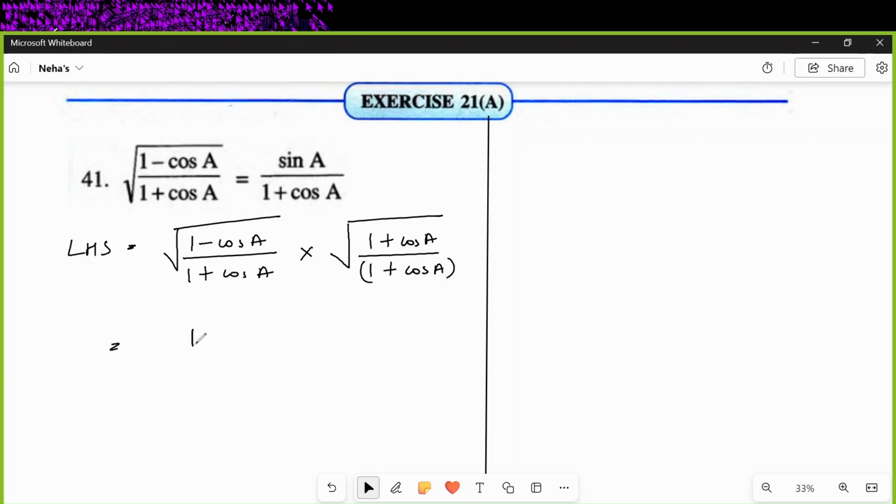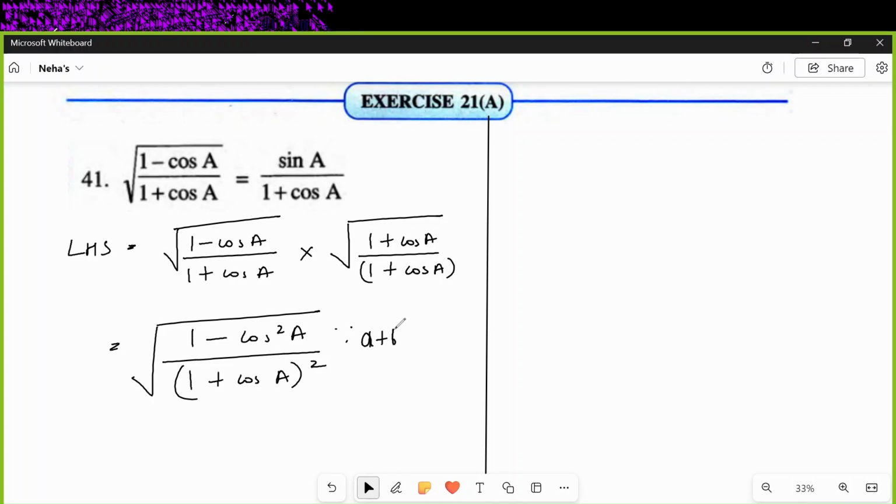So the numerator will become 1 minus cos square A, and the denominator will become (1 plus cos A) whole square. This is because (A plus B) into (A minus B) is equal to A square minus B square, and (A plus B) into (A plus B) is equal to (A plus B) whole square.